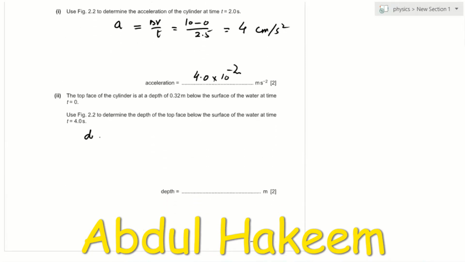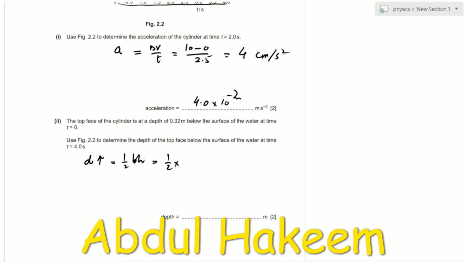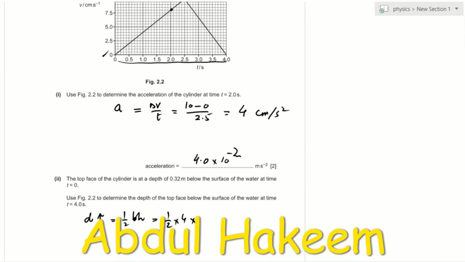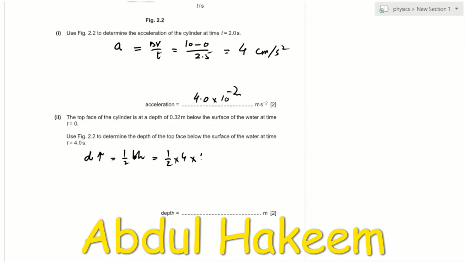The distance covered up is the area, 1 by 2 base into height. So 1 by 2, the base of this whole triangle is 4, and the height of this triangle is 10. 2 ones are 2, 2 fives are 10, so it is 20 centimeter, meaning 0.20 meter.